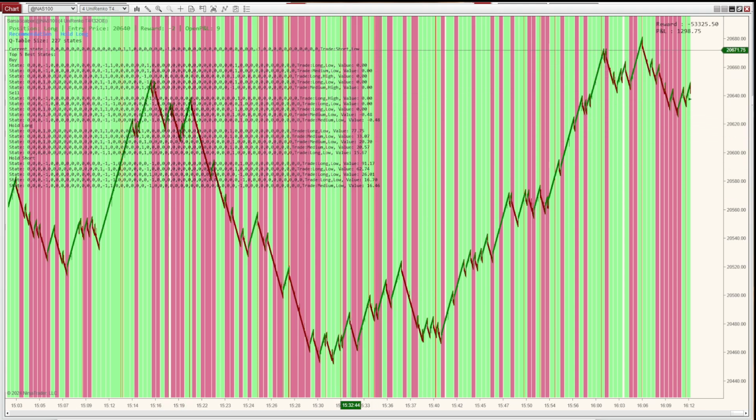The only other thing I did, there's a few pieces of context thrown in with the states. Very simple: just, are we doing well in the current trade? Is it a rubbish trade or is it a really good trade? And then what sort of volatility we're currently in. Have we moved 100 points in the past 100 bars, or have we just moved 10? So there's a low, medium and high.